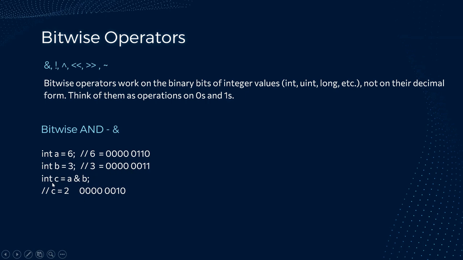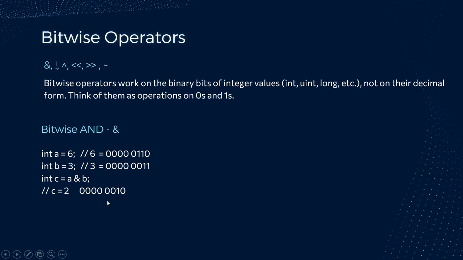So here you can see int c is equal to a bitwise AND b, and it becomes c is equal to 2. How does it become 2? When you multiply bit by bit from 6 and 3, 1 into 0 becomes 0, 1 into 1 becomes 1, and again 0 into 1 becomes 0, and all the remaining digits are 0.